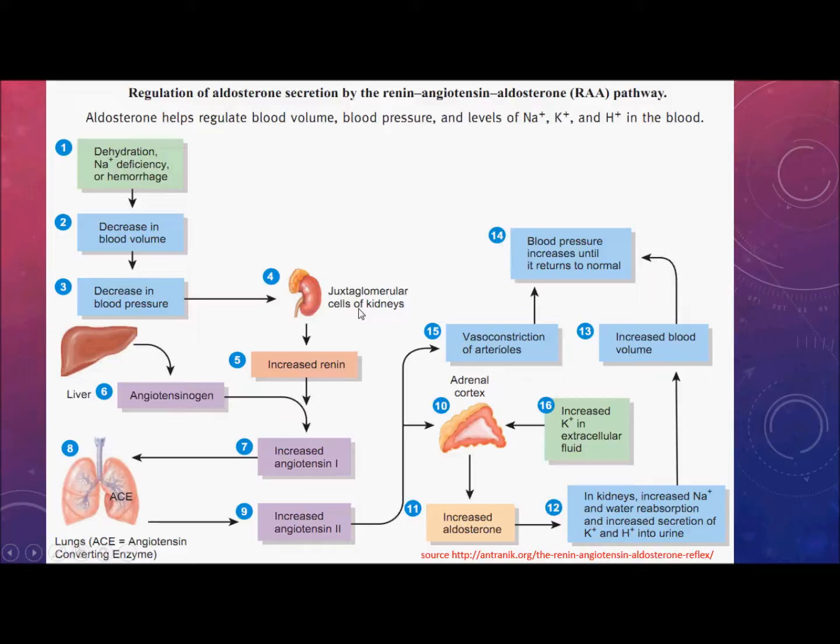This makes the kidney increase renin, and then angiotensinogen converts to angiotensin 1, and then to 2 in the lungs, and then it causes vasoconstriction. It tells the adrenal cortex to secrete aldosterone, and so on and so forth. And after the blood pressure returns, it inhibits all that follows.